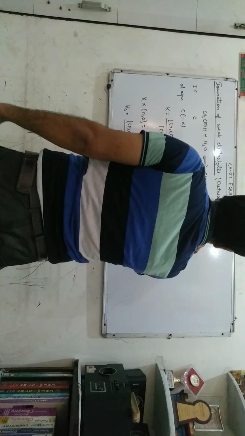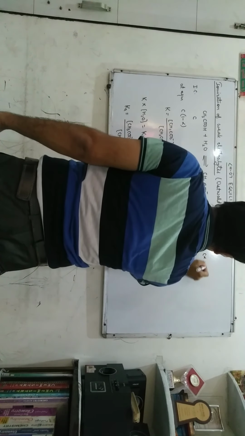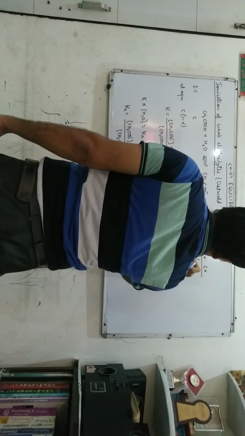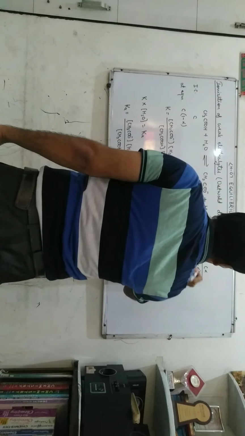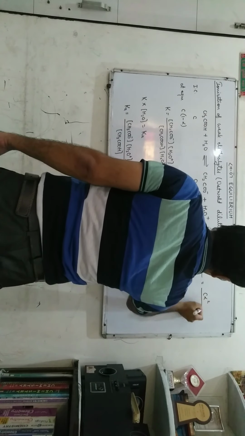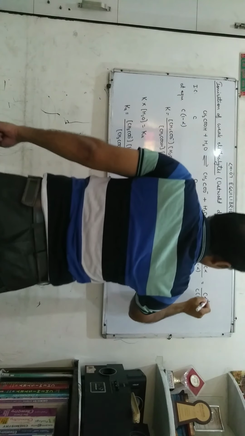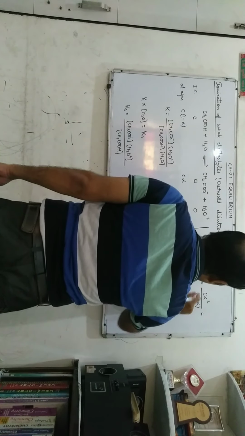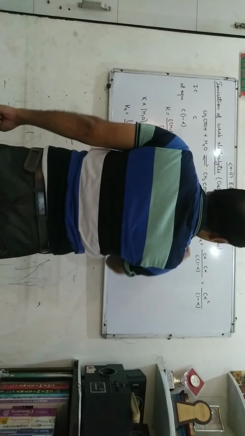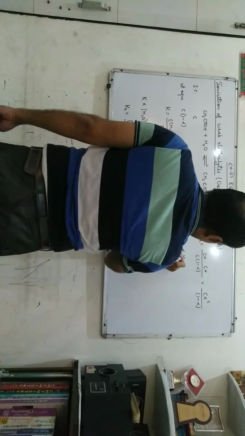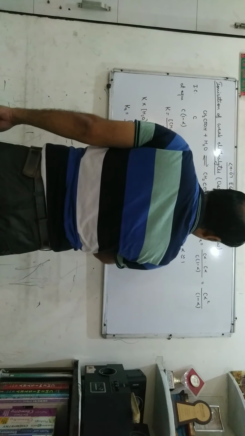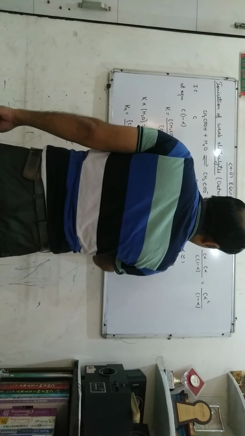Now putting their values, Ka is equal to C alpha into C alpha divided by C(1 minus alpha). We get C alpha square upon (1 minus alpha). Cancelling like terms, we get this term. Now for dilute solution, 1 minus alpha is approximately taken to be 1. Thus Ka is equal to C alpha square.